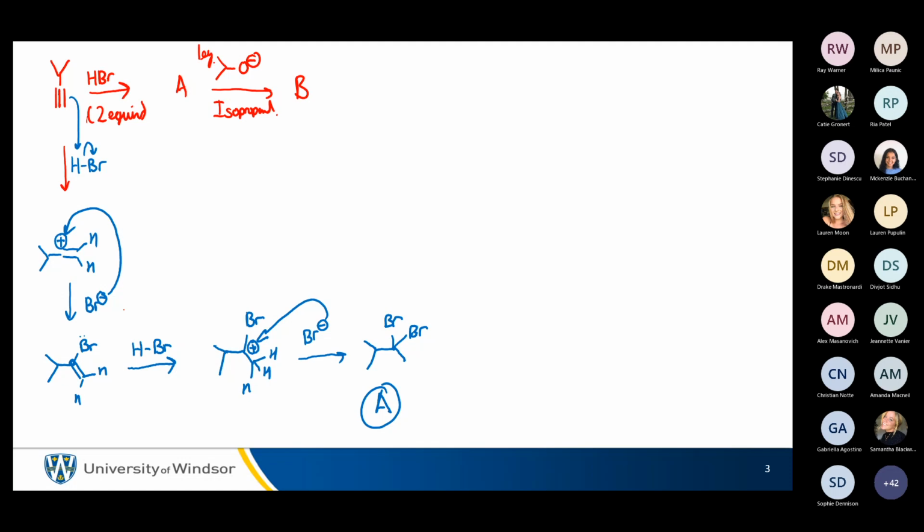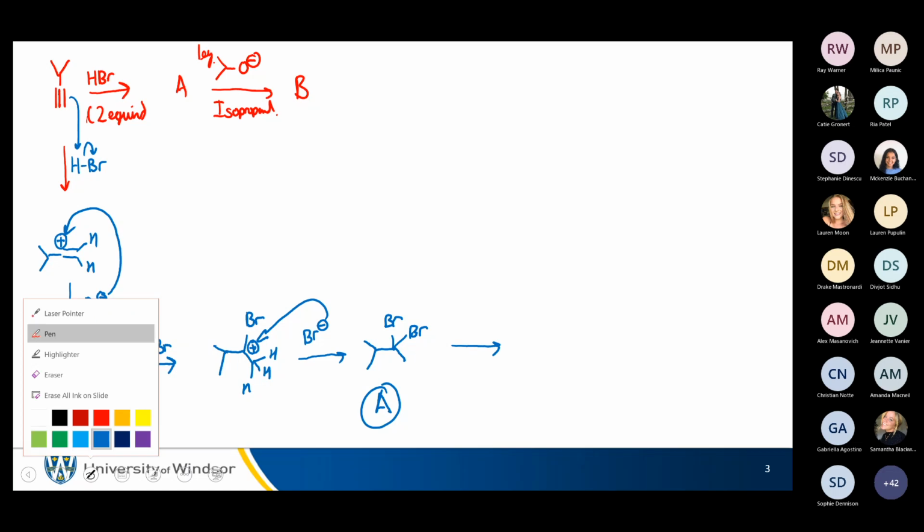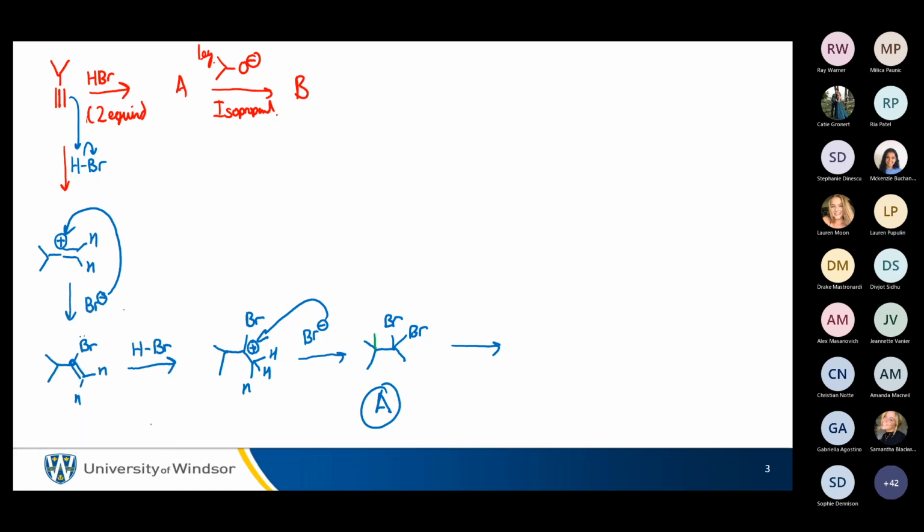We're done. Now we add a strong base. We note it's a Zaitsev base, not a Hofmann base. It's not one of the big bulky ones. It's one of the smaller ones, but still definitely basic and not nucleophilic. It's not stick-like. It's definitely a ball. And so if I'm looking at this, I'm thinking there's my leaving group, or that one, could be either one.